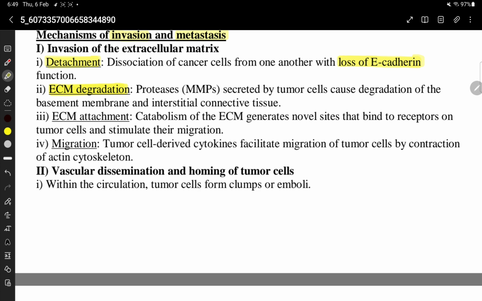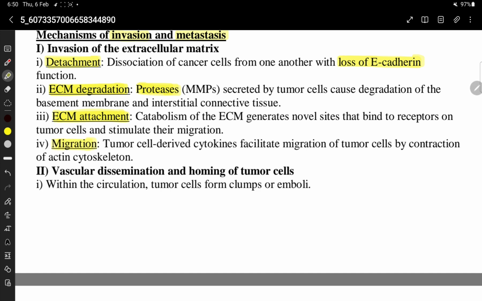Proteases secreted by tumor cells cause the degradation of the basement membrane and interstitial connective tissue. Then there is ECM attachment: catabolism of the ECM generates novel sites that bind to receptors on the tumor cells and stimulate their migration.